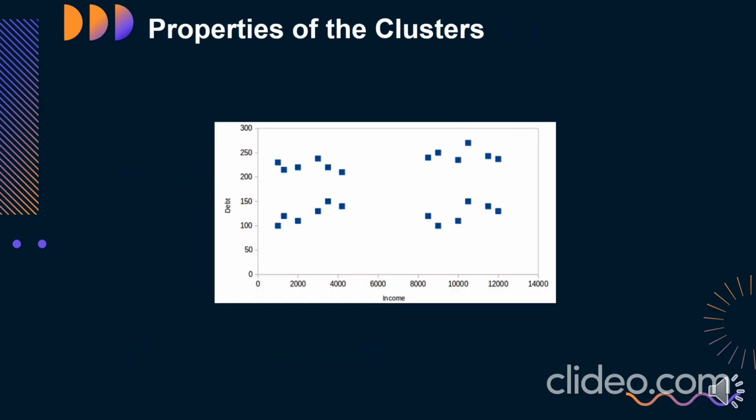Let's assume a banking dataset with two variables describing each customer, their income and amount of debt, and the bank wants to use this data to perform customer segmentation. The first step is to visualize it as a scatter plot with income on the x-axis and debt on the y-axis.